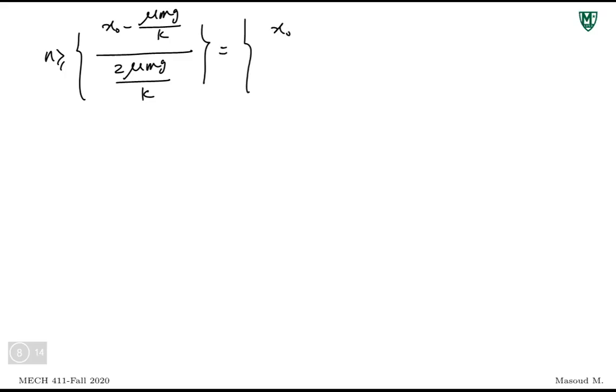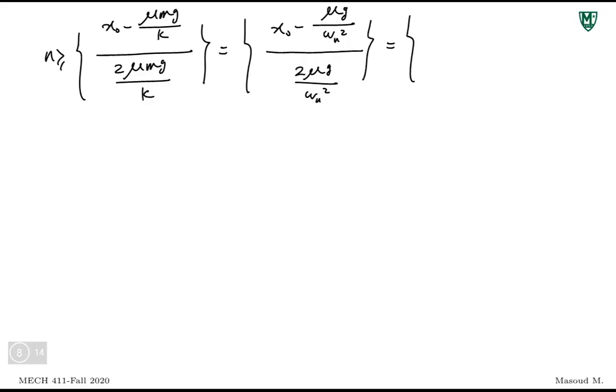X naught minus mu g over omega n squared, because m over k is 1 over omega n squared, divided by 2 mu g over omega n squared. Now I have everything I need.